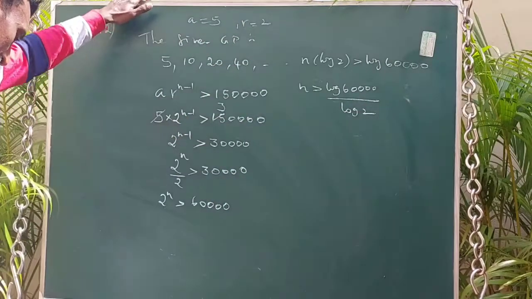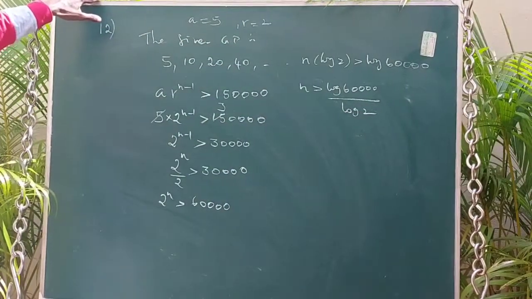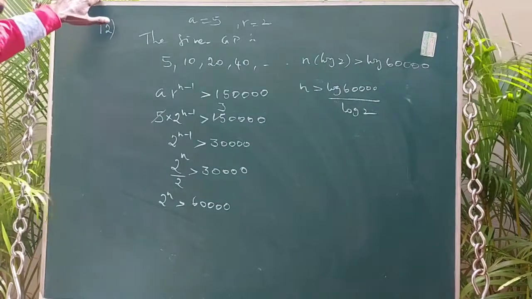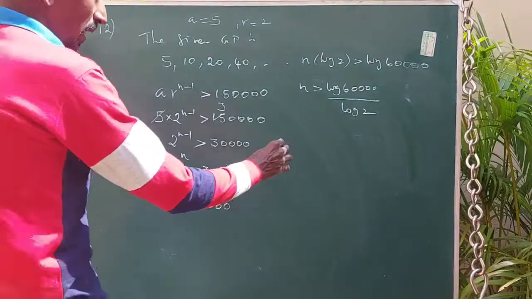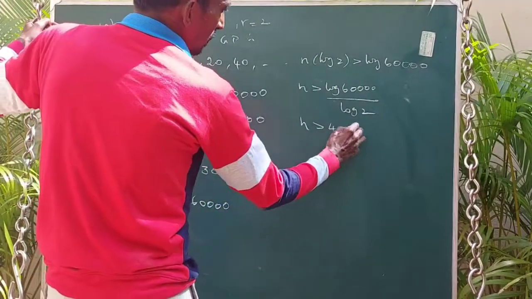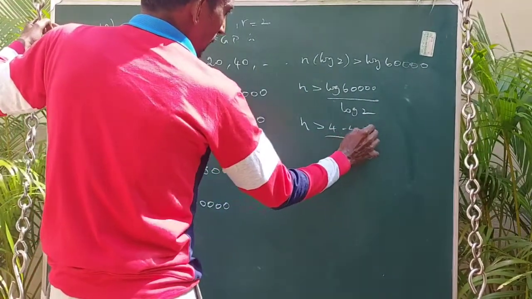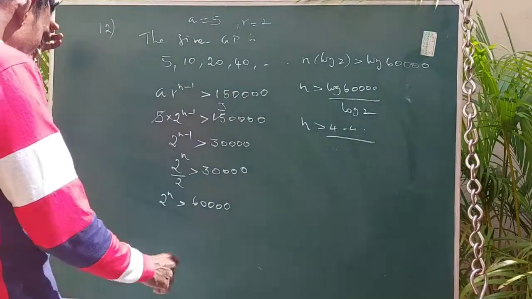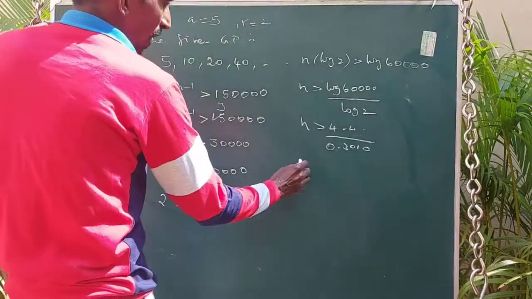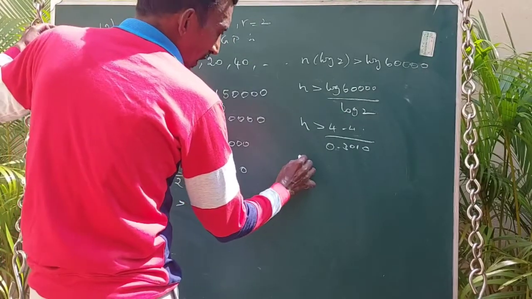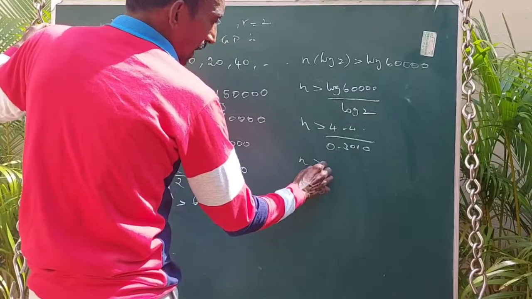So for log of 60,000 we are getting 4.48 something, by log 2 is 0.3010. So n greater than 4.487 something by 0.3013.